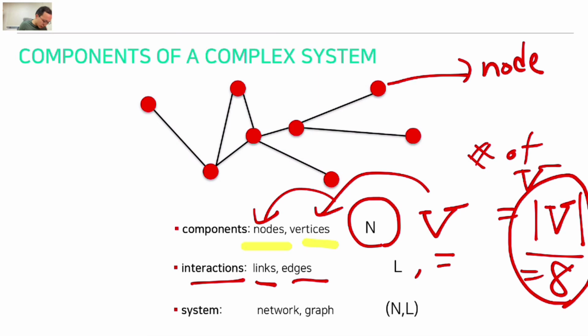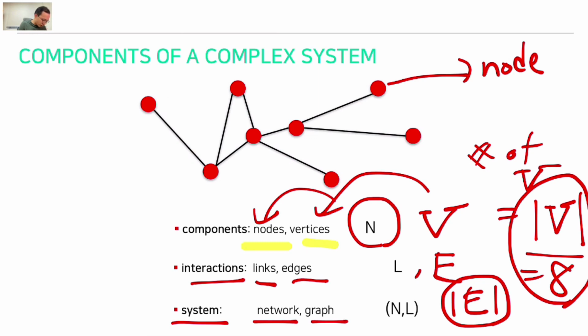We often say E. Similarly, using this notation, we can define the number of edges or number of links in the graph input. So the system-wise, we call this one a network or graph data. Simple, right?